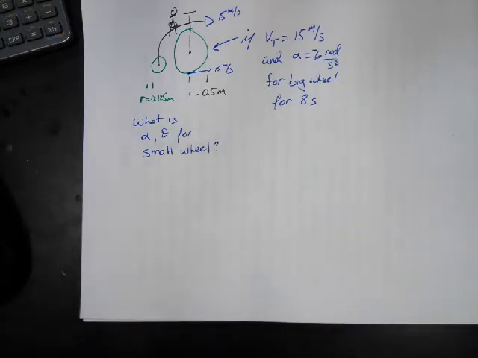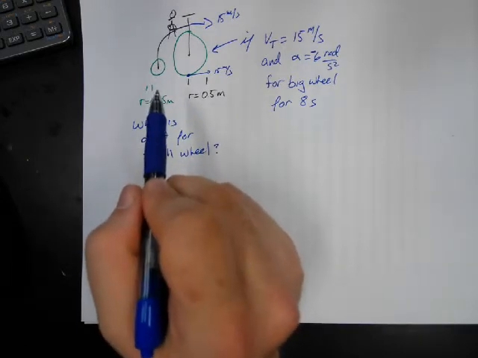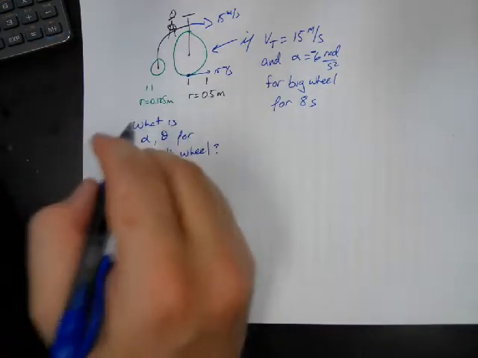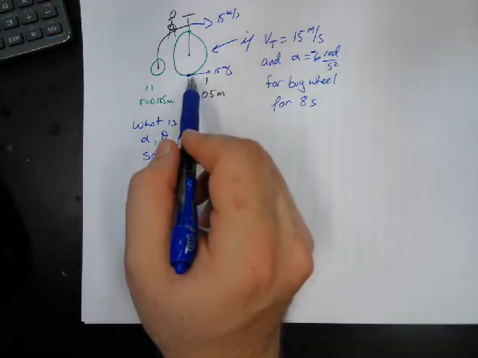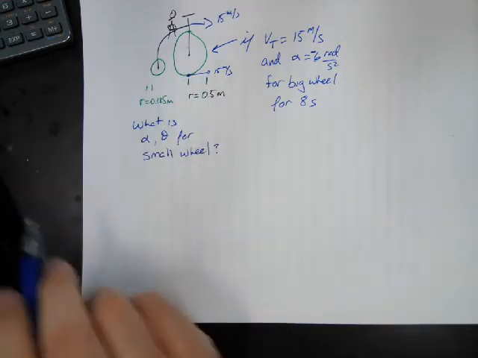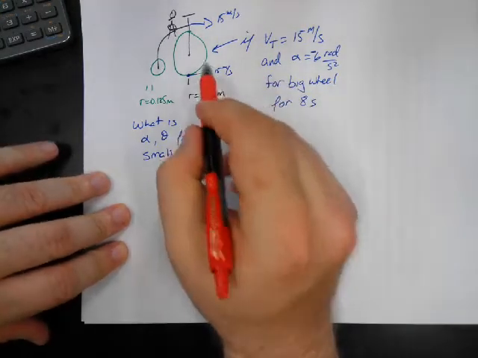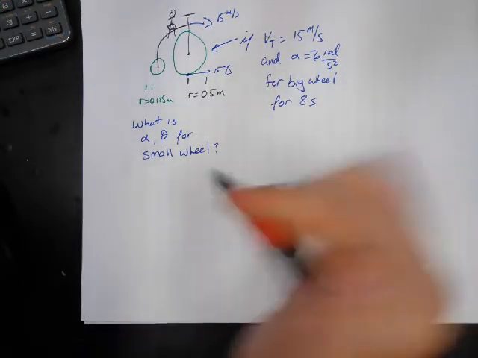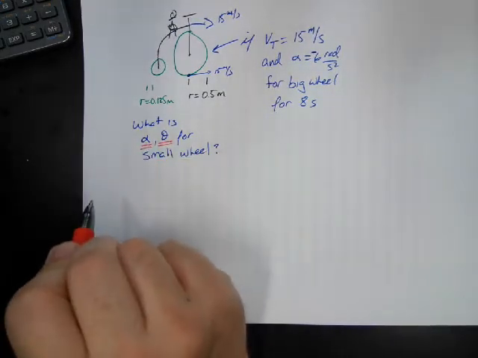Basically the small wheel has to turn 4 times faster in angular velocity as the big wheel. So what we're going to do is work out how the small wheel is turning relative to the big wheel. Eventually we're trying to get theta here, and we also want alpha here.